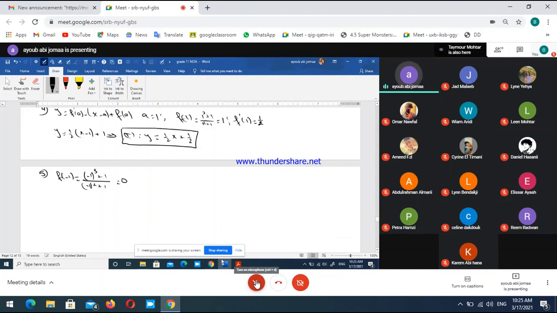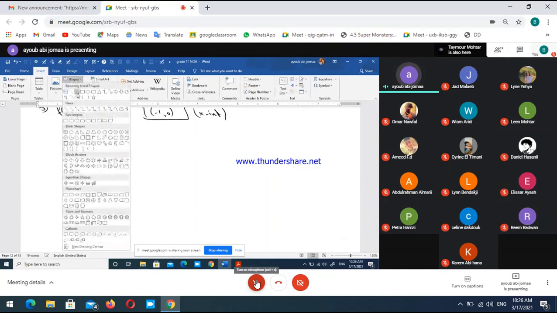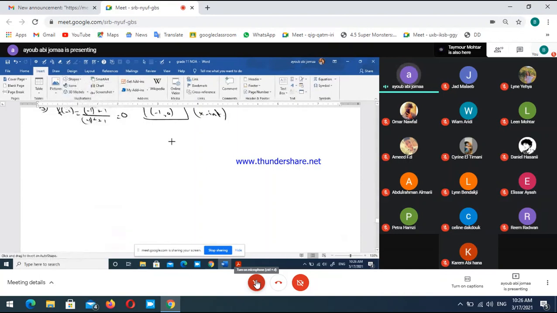And this point negative 1, 0 is a particular point on the graph, the x-intercept, the point of intersection with the x-axis. Now, in order to graph the function, let's enjoy graphing the function.